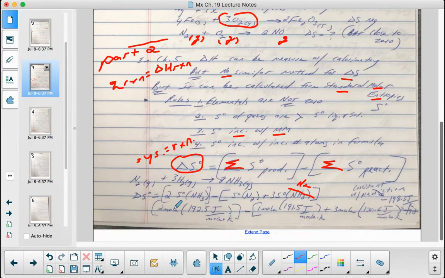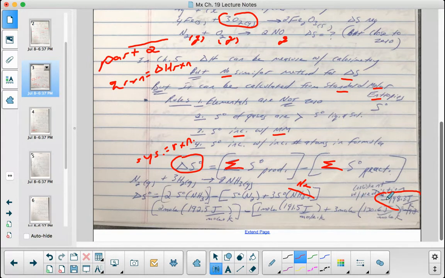And so I look those values up on that table, and I plug my values in, and I calculate a value of negative 198.3 joule per Kelvin. So the units on the table are going to be joule per Kelvin.